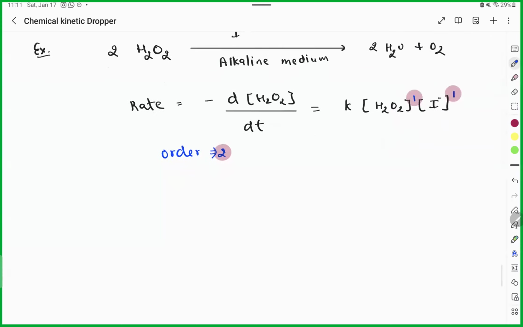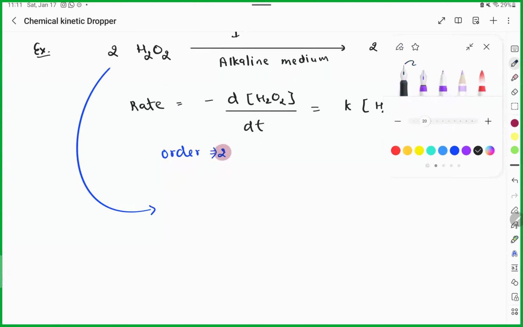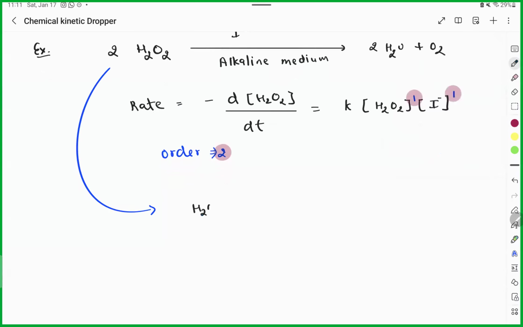Example for the same reaction. If it is given in two parts, one, H2O2 and iodine, it will react with water and form IO negative, and then H2O2 reacts with IO negative to form H2O plus iodine negative plus O2.